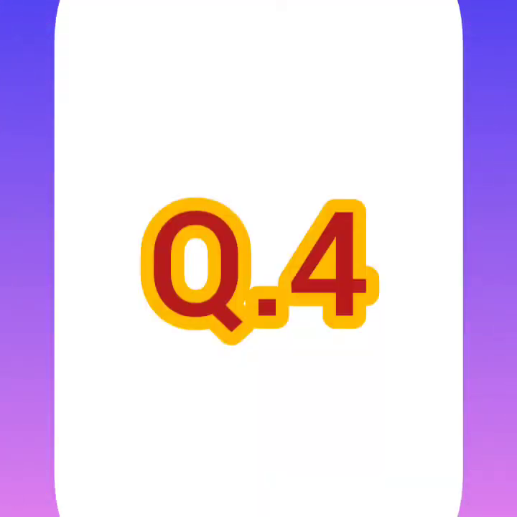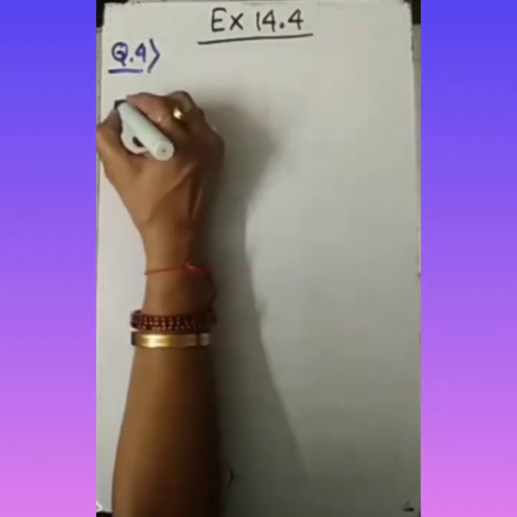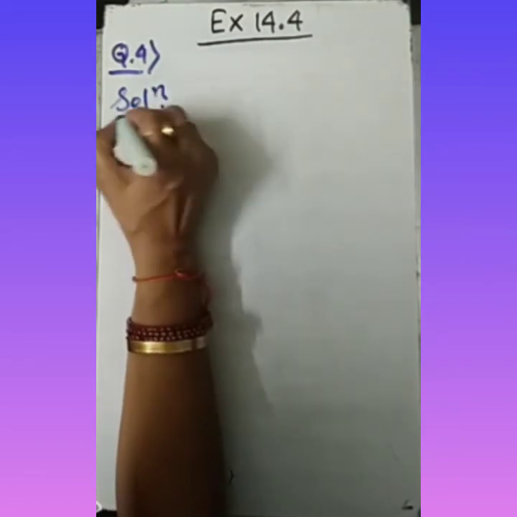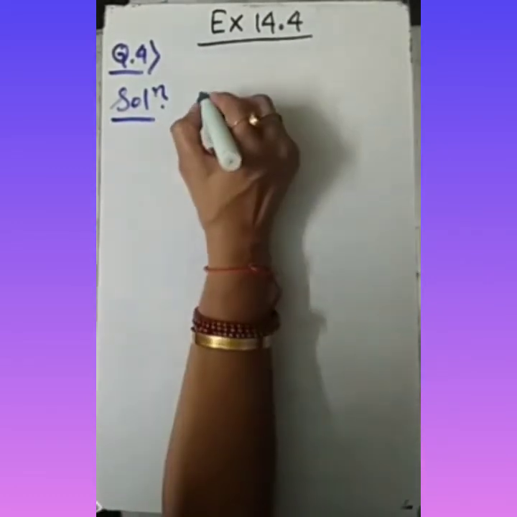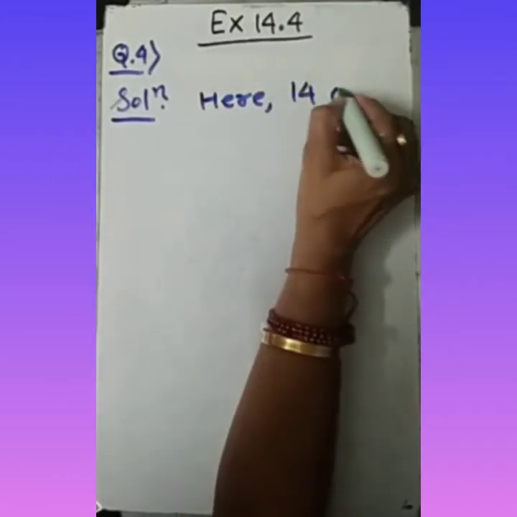So question number 4 is: find the mode of the following data: 14, 25, 14, 28, 18, 17, 18, 14, 23, 22, 14 and 18. So let's see the solution. My dear student, here we need to find the mode. If we observe all this data, then 14 occurs most often.